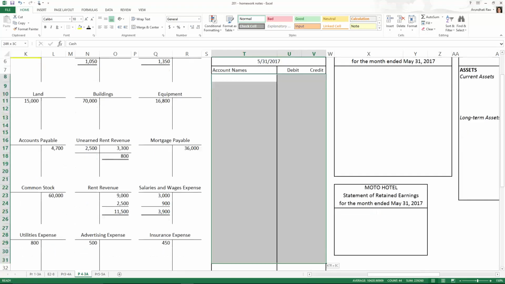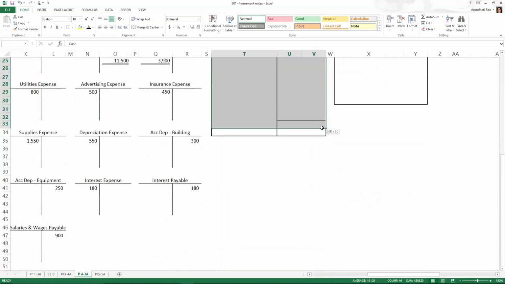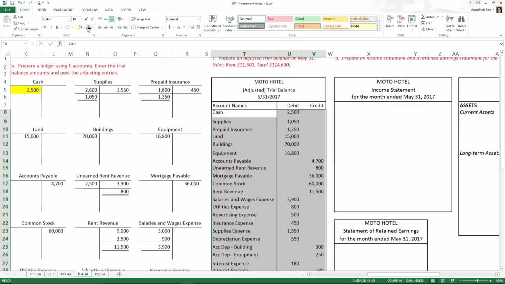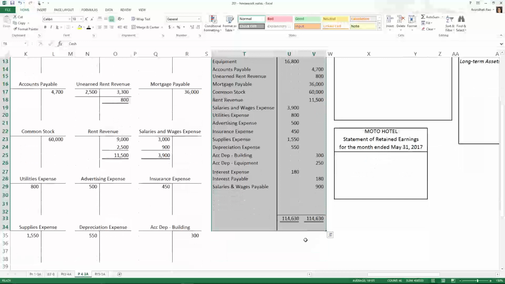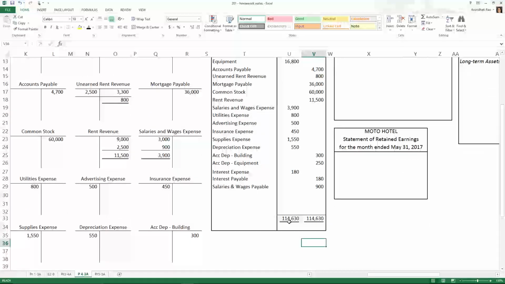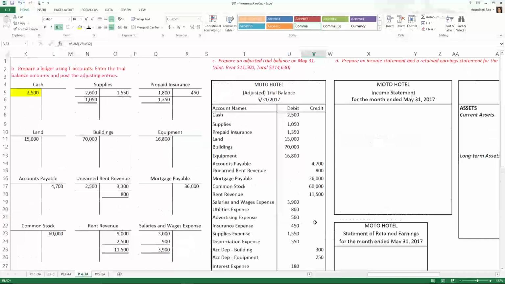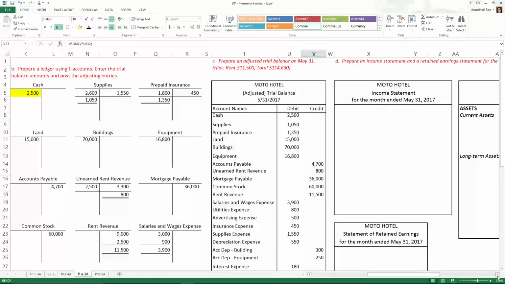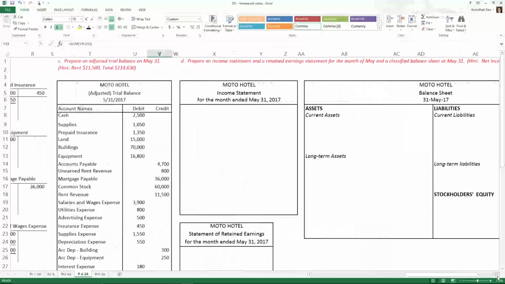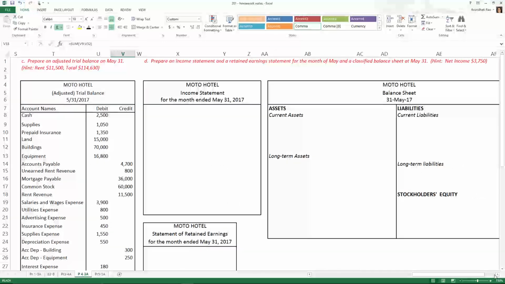And whatever their balances are, I bring those over. And again, the rule holds that our total debits must equal total credits.